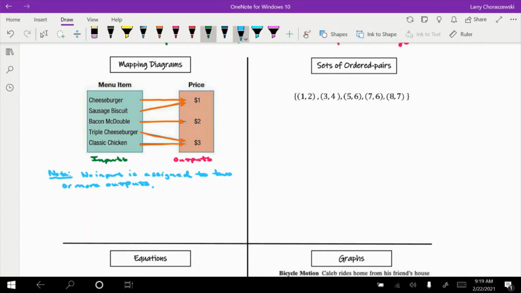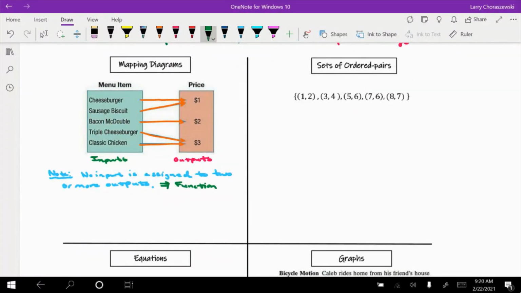And what this means for us, and this is a symbol I'm probably going to use quite a bit in this section, is a mathematical way of saying that this implies. What this implies is that this mapping diagram would be an example of a function. Okay, it satisfies the definition of an input being assigned one and only one output.